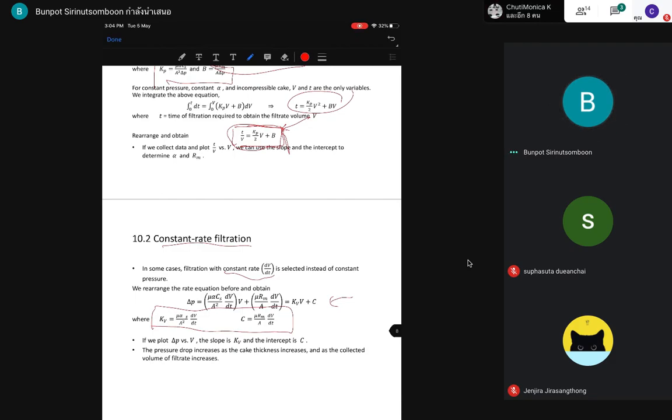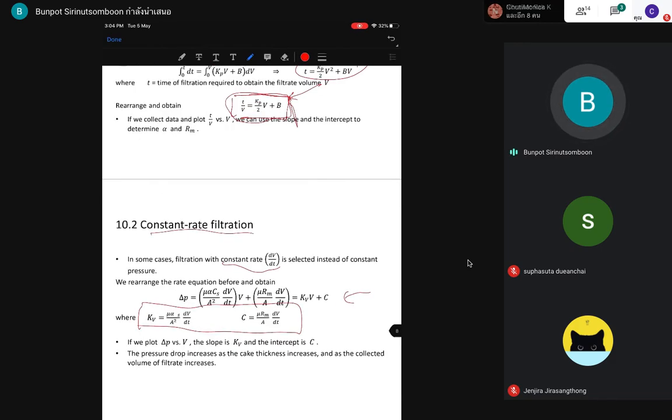So you rearrange the equation into this form instead, measure delta P and volume over time, and make a plot of delta P versus V. Then you can find the slope and intercept, which can also be used to find alpha and Rm, telling you about the resistance of the cake and the filter.